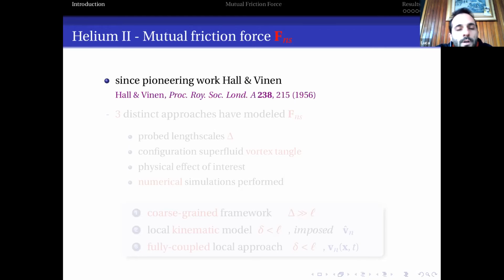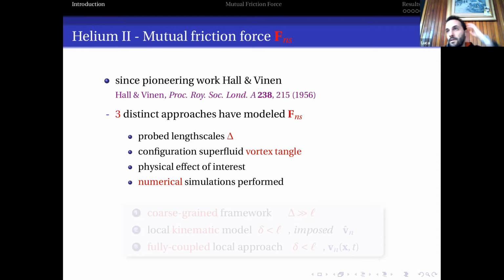The first pioneering work was performed by Hall and Vinen in 1956, and since then there have been almost three different approaches to model this mutual friction force, and this depended on various factors: which length scales of the flow the researchers were interested in, what type of configuration of the vortex tangle, for example ordered in a lattice or a random configuration, was investigated, the physical effect of interest, and not completely unrelated to the numerical simulations that researchers intended to perform.